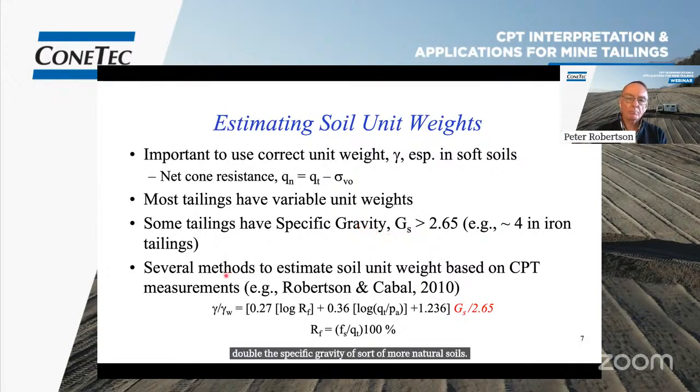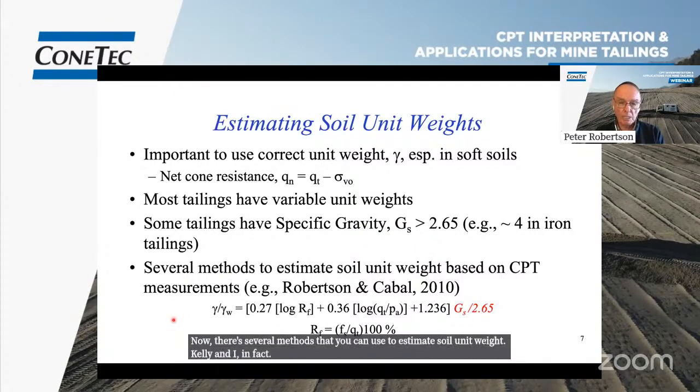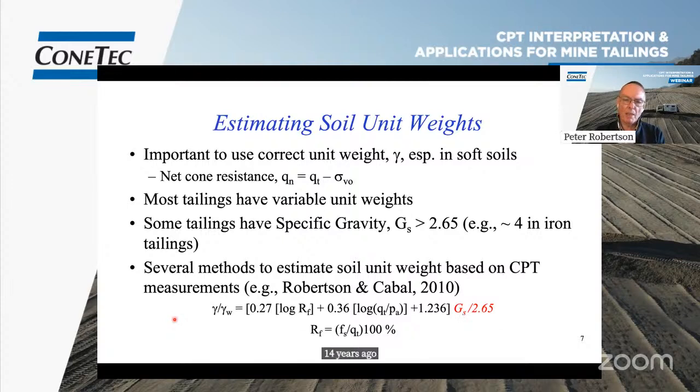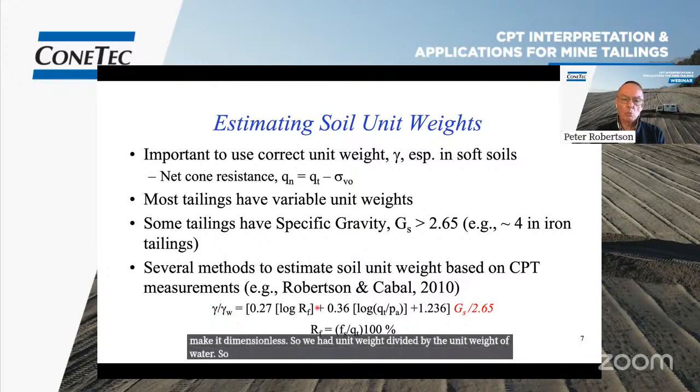Now, there's several methods that you can use to estimate soil unit weight. Kelly and I, in fact, 14 years ago, suggested a method, and here's the equation for it. And one of the things we tried to do is make it dimensionless. So we had unit weight divided by the unit weight of water. So it becomes dimensionless because all the parameters in the equation are dimensionless.